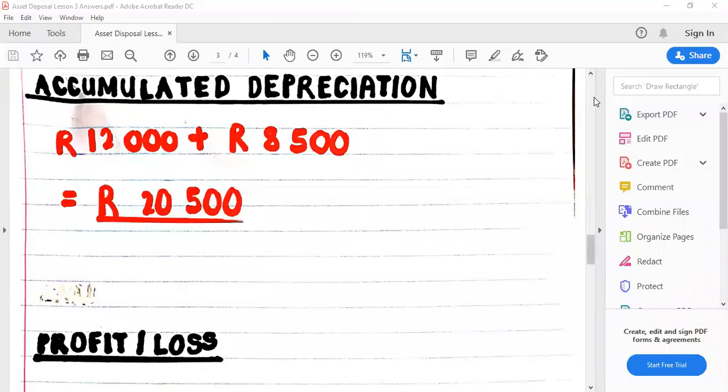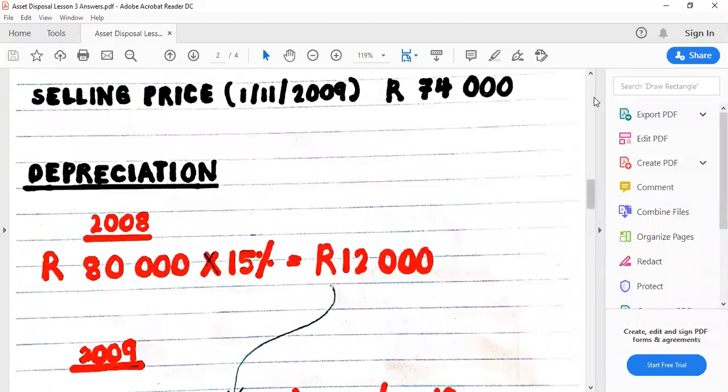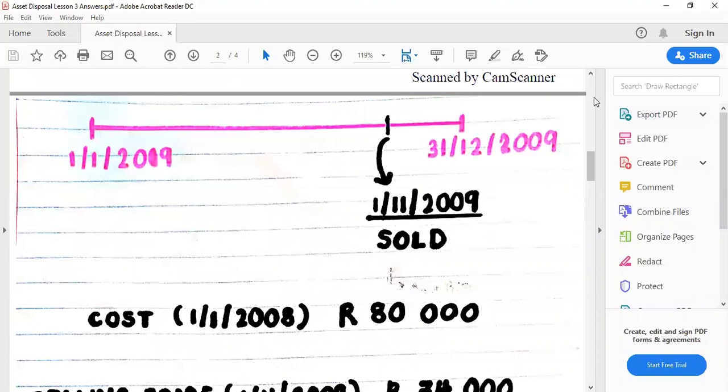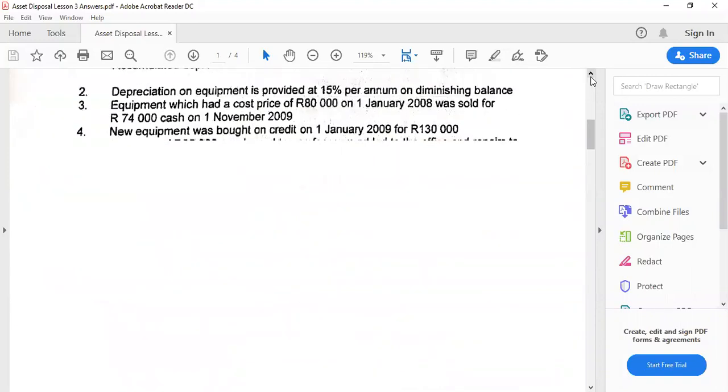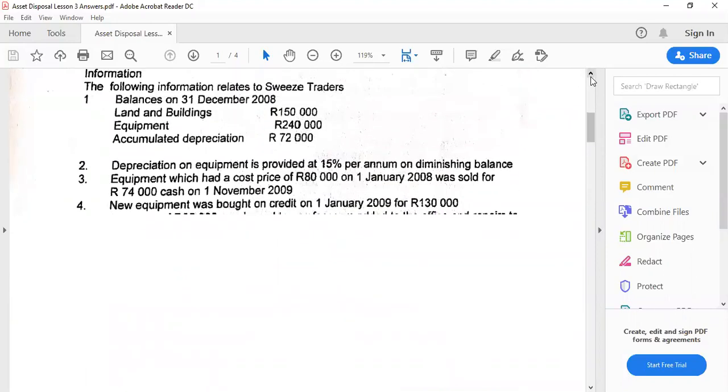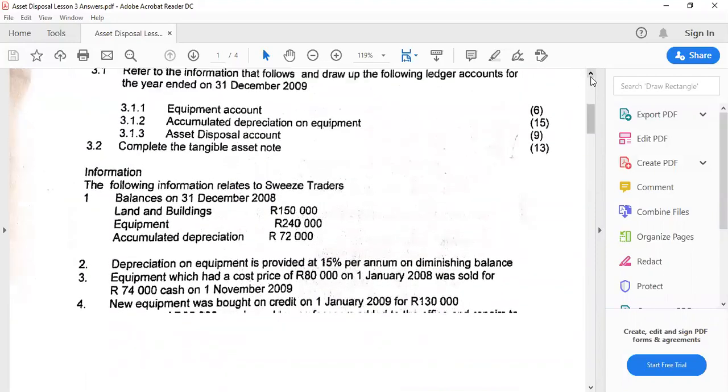So now let's go back to the question and see what our cost price was. Okay, we see here in point number 3, equipment which had, this is the cost price. The cost price is 80,000 Rand.